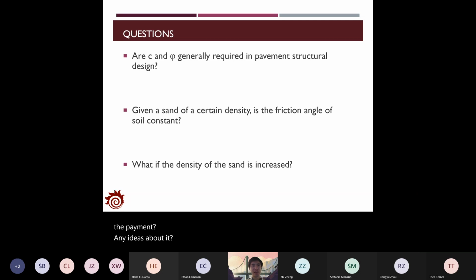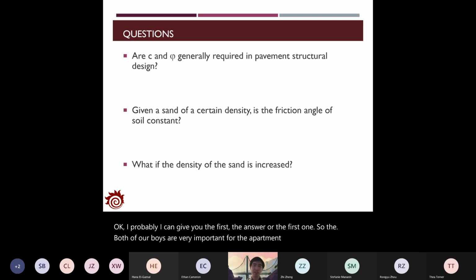Okay, I can give you the answer to the first one. Both variables are very important for pavement design. They show how the soil will react to the shear stress. In pavement design, we need to consider both the direct load, which is the principal stress from the traffic.